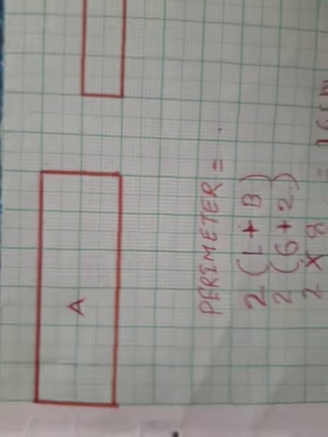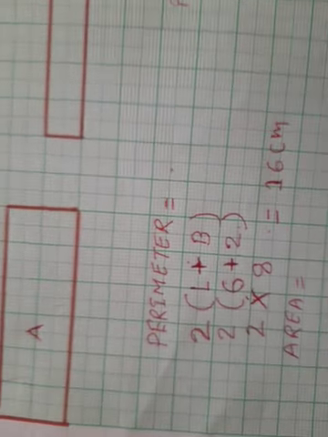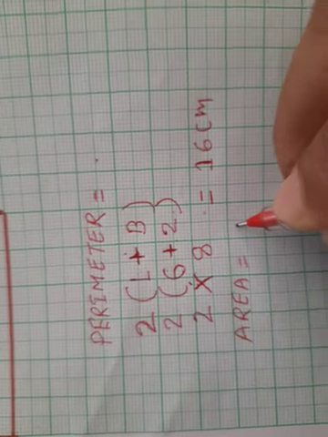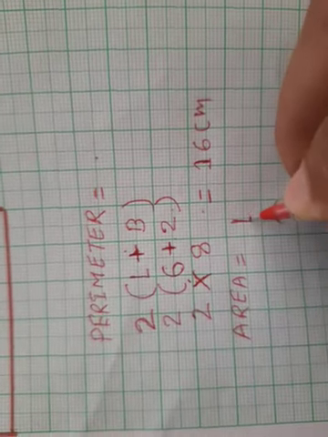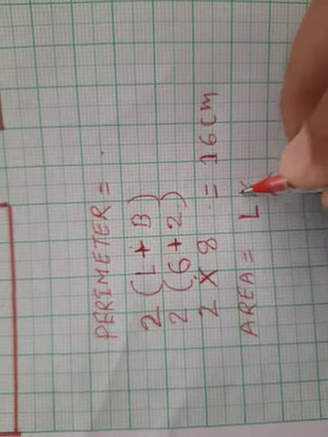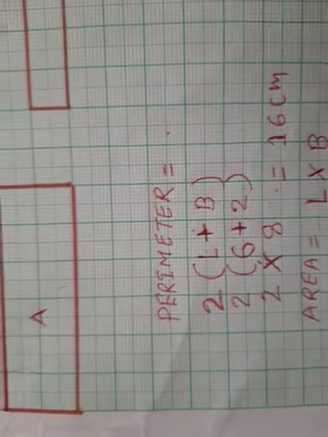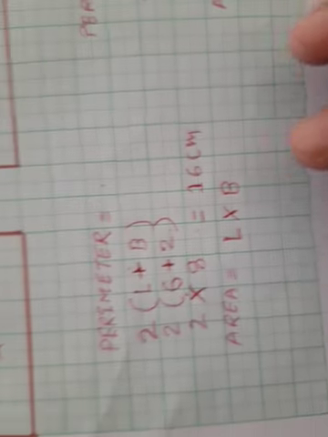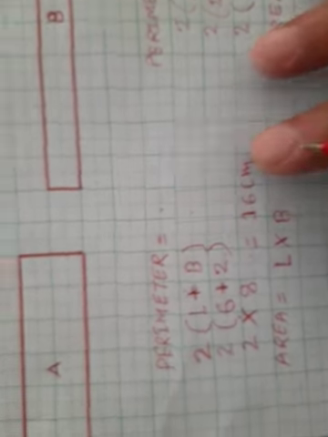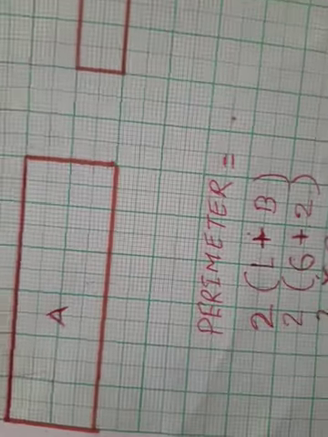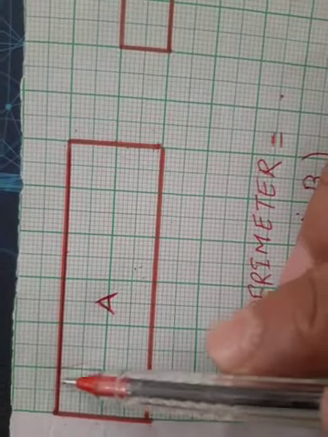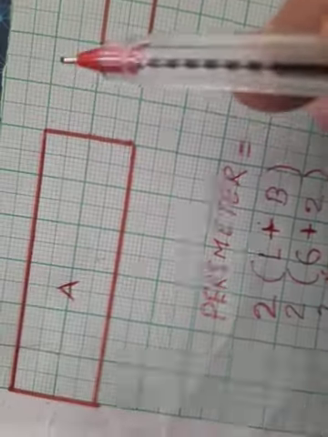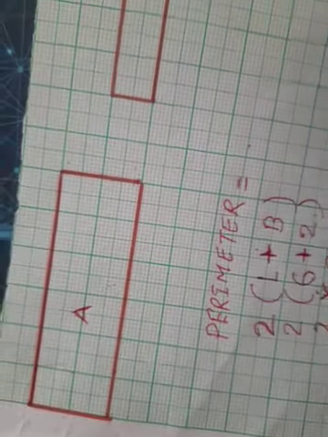But another method to find the area is area is equal to L into B. L into B means length multiplied by breadth. So in rectangle A, the length is 1, 2, 3, 4, 5, 6 centimeter, and breadth is 1, 2 centimeter.